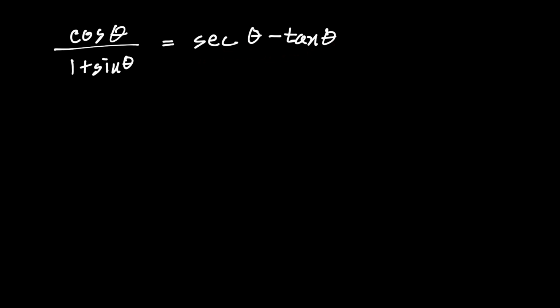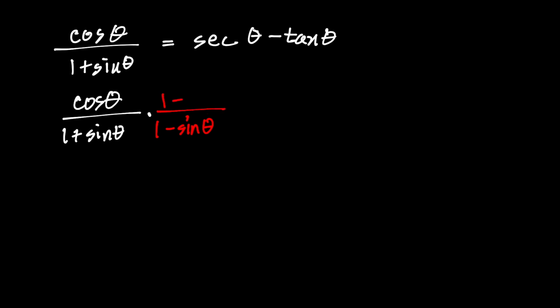So let's go ahead and start by writing my left-hand side down. So what I want to do is, and I'll switch colors here, multiply the bottom by 1 minus sine theta. And if I multiply the bottom by that, I have to multiply the top by that.